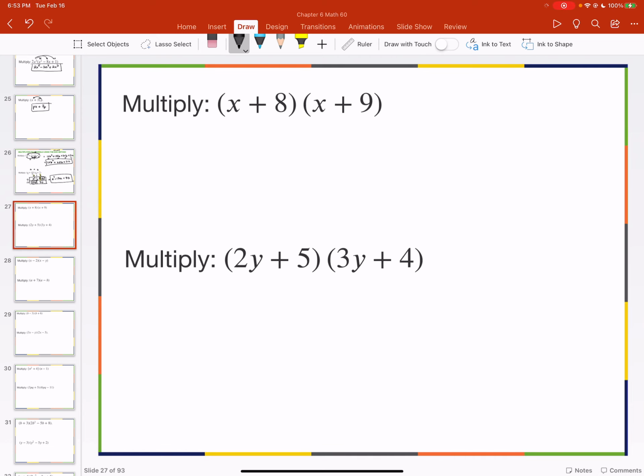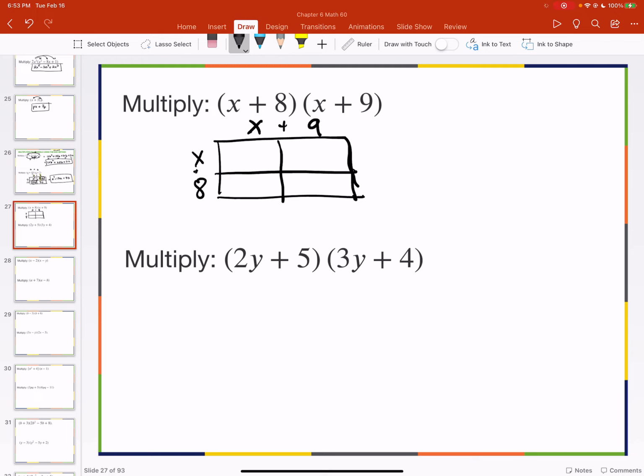So then we have here binomials. So again, it's a 2 by 2 box here. We have x plus 8, x plus 9. x times x is x squared, right? x times 9 becomes 9x. Then x times 8, they meet together here, 8x.